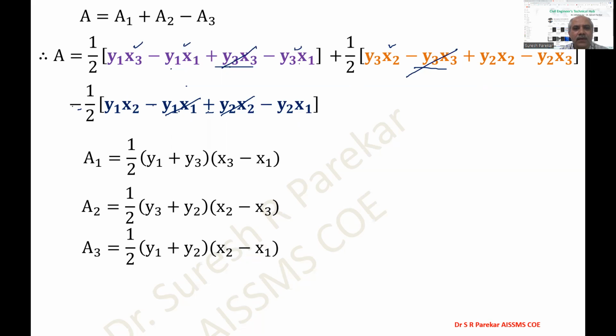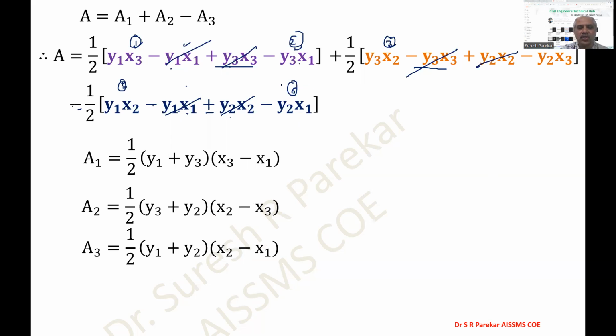Sorry, we have y1 x1. So we have y2 x2, that also we have to cancel over here. y2 x2, y2 x2. Then we have y1 x1, we have to subtract this y1 x1. So 6 terms cancelled, and the terms remaining are 1, 2, 3, 4, 5, and 6.